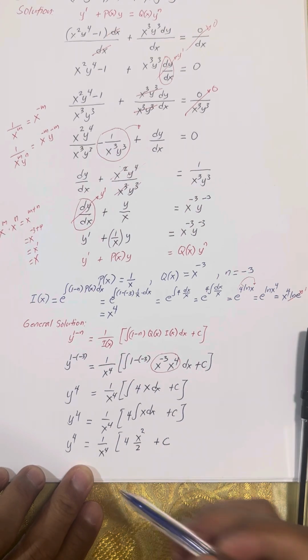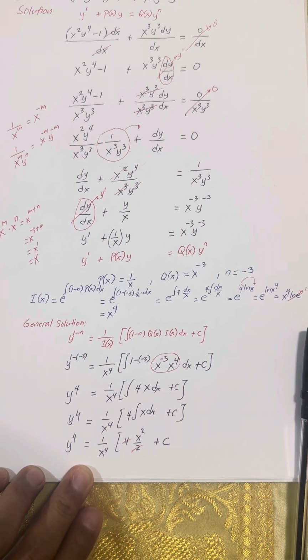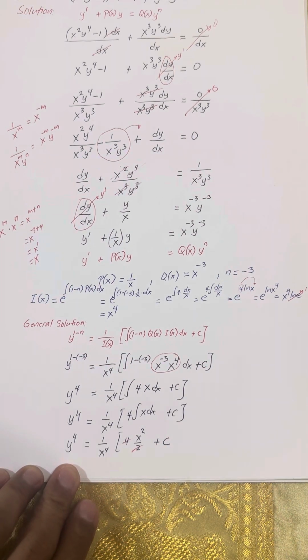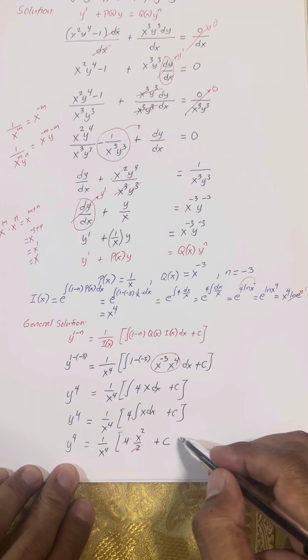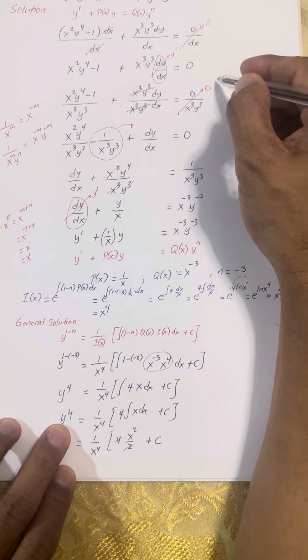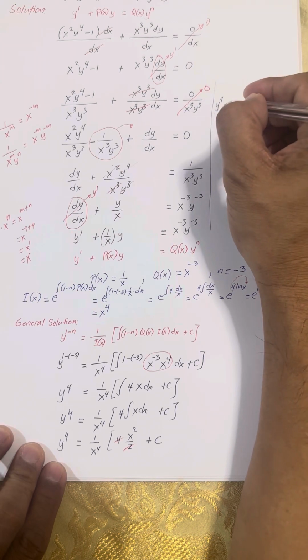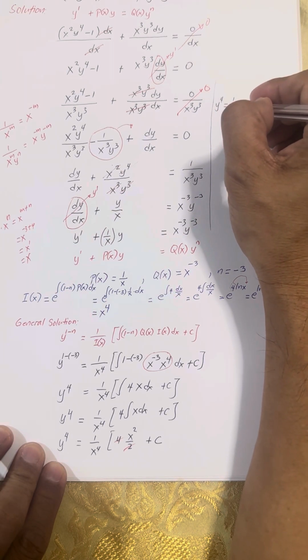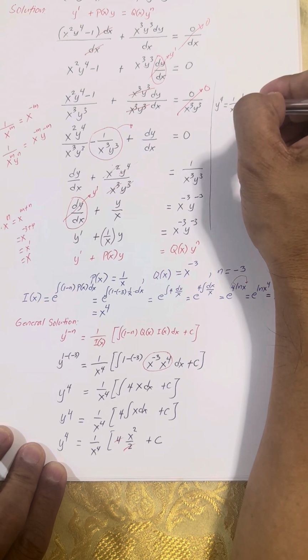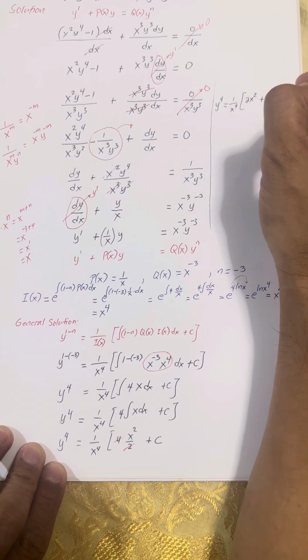Okay, so we have 2 divided by 2. Let's continue it here. So we have y to the minus 2 equal to 1 over x to the 4th, times, this becomes x squared plus c.